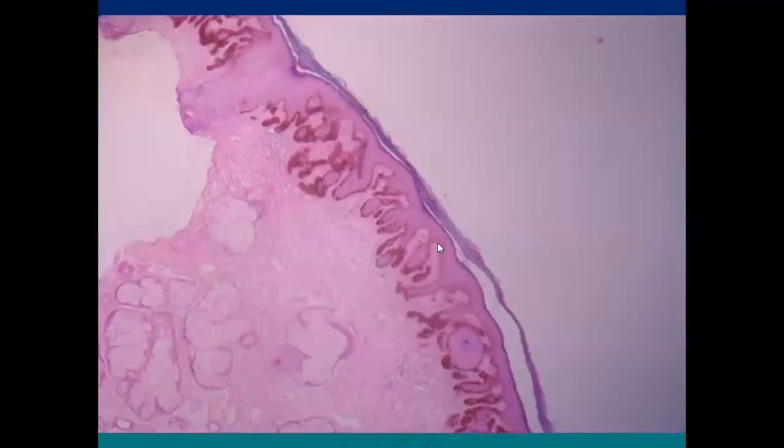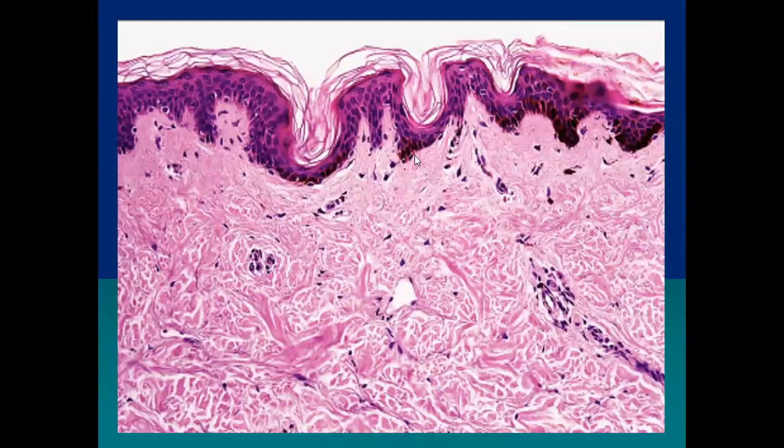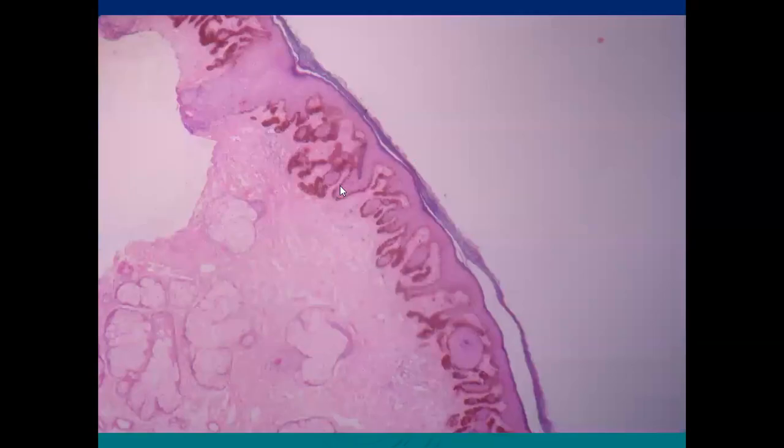This is a picture of a lentigo. Lentigo is different from freckle in that there are two features: epidermal hyperplasia and increased basal and suprabasal pigmentation. In freckle, there is only basal and suprabasal pigmentation, while in lentigo, there is epidermal hyperplasia as well as increased basal and suprabasal pigmentation.